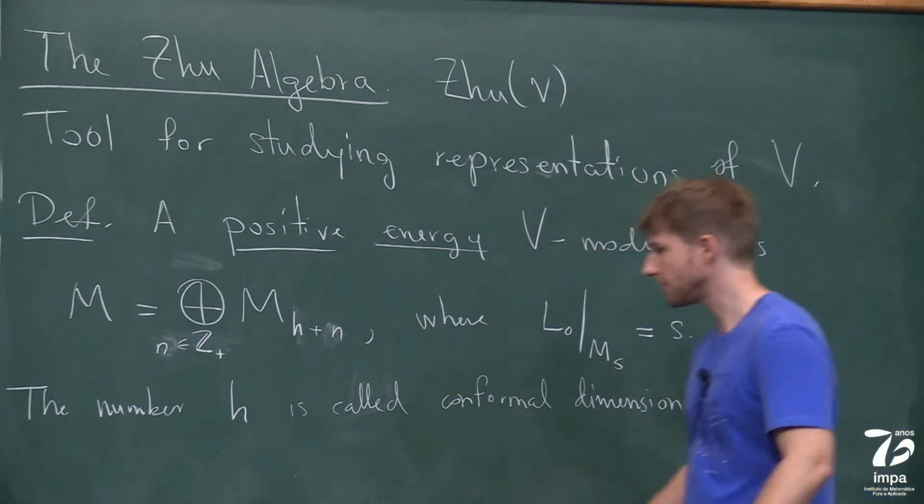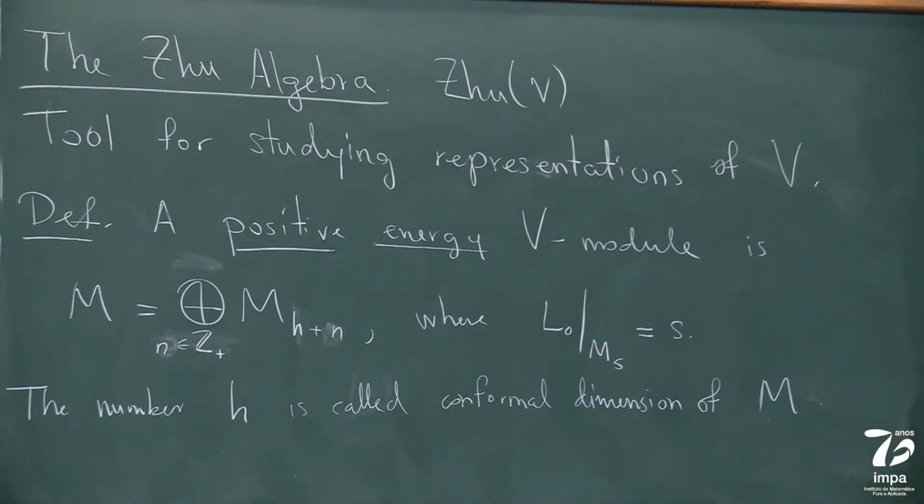So this lowest energy is quite important in the theory. It's called the conformal dimension of the module.